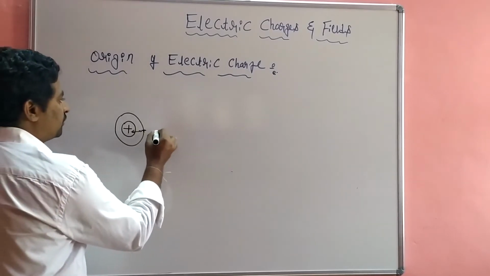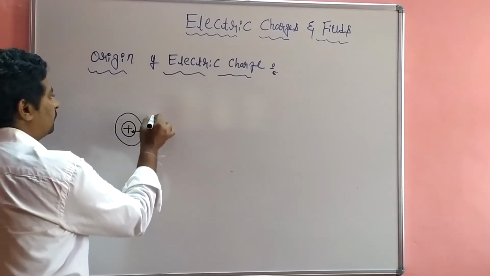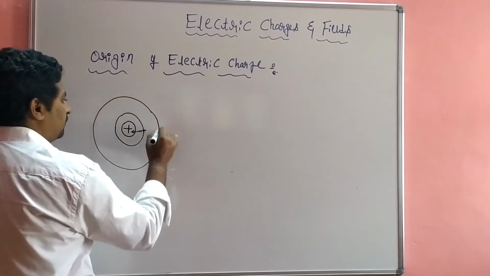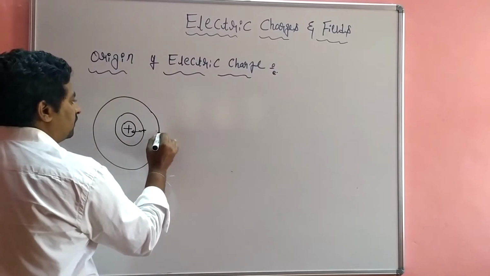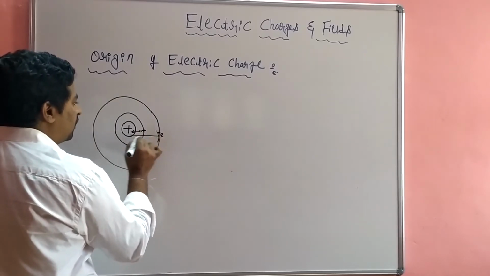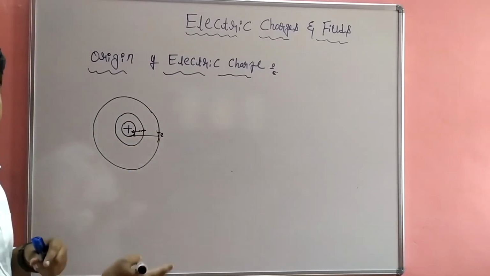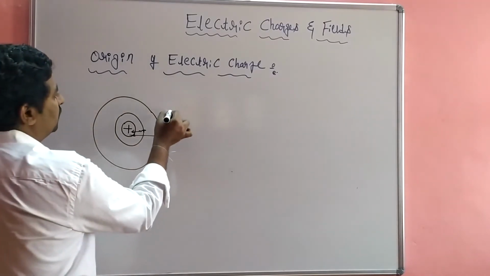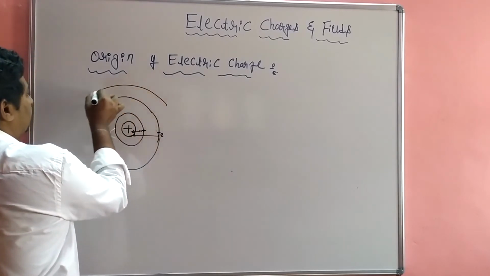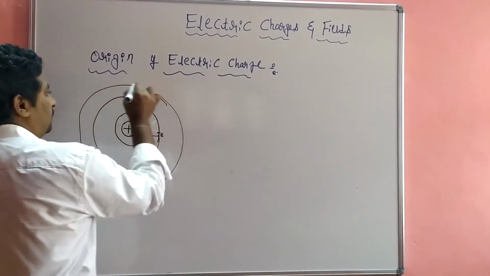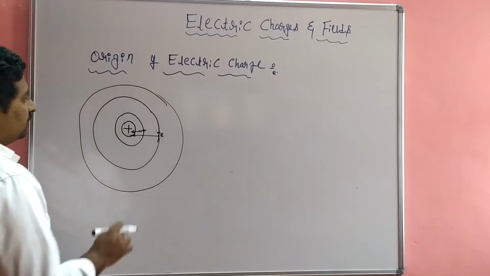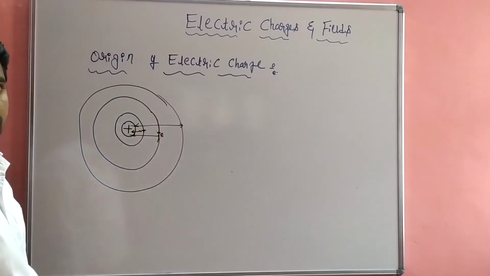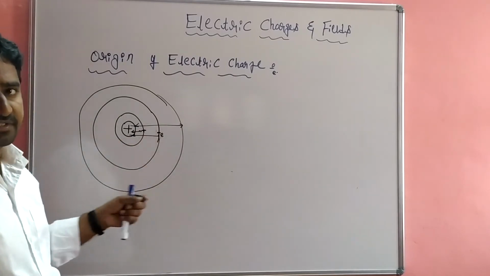Then you go to the second orbit. The distance is longer, so the force of attraction is a little bit smaller. So let's go to the third orbit. The distance is too long compared to the first orbit and second orbit.